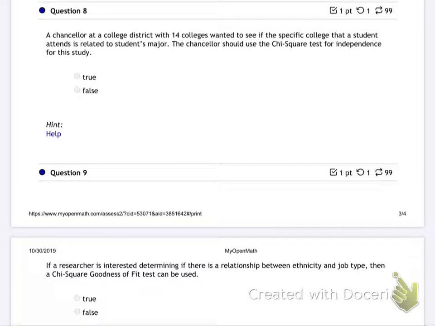Question number 8. A chancellor of a college district with 14 colleges wanted to see if the specific college that a student attends is related to the student's major. So, college picked and major. Like if you want to do a certain major, molecular biology, you pick a certain college, not Chico or Humboldt.